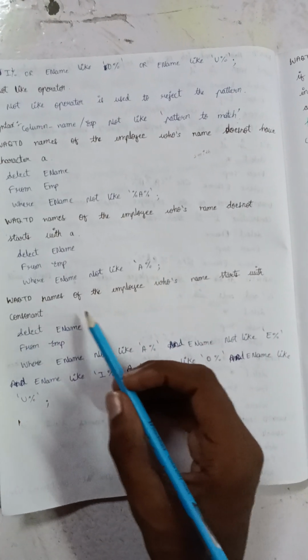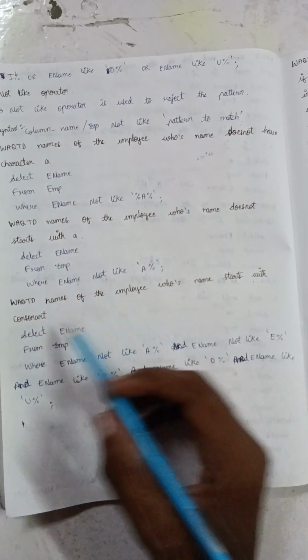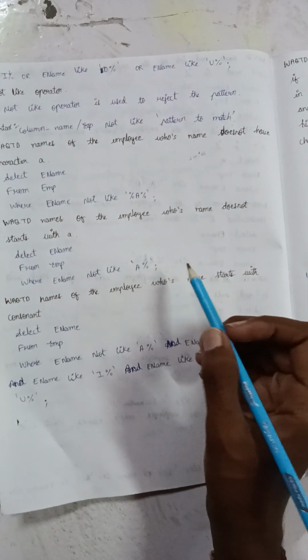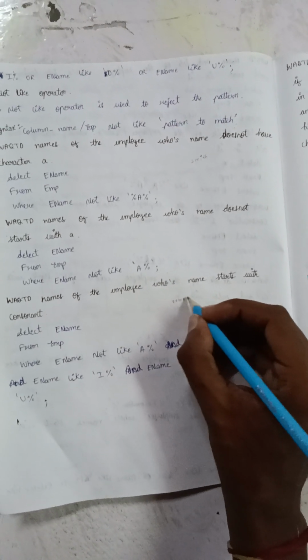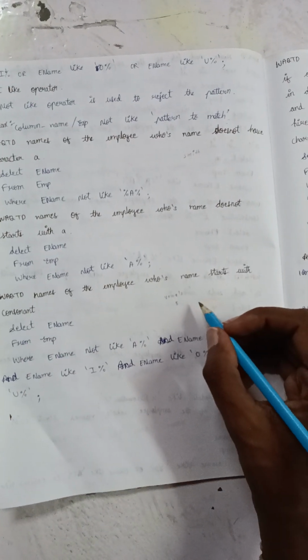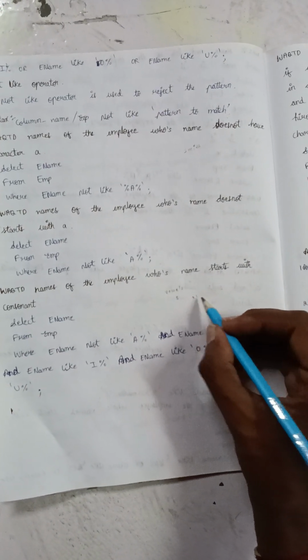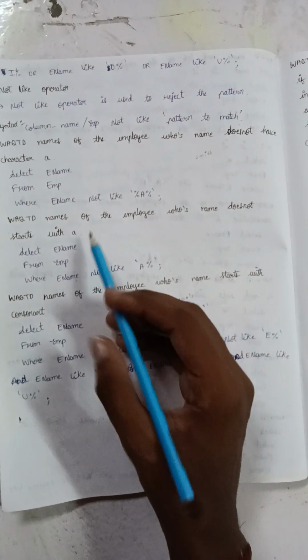Write a query to display names of the employees whose name starts with a consonant. Vowels are A, E, I, O, U. They are 5, but consonants are more, 21, so we can't write all of them. So we use the NOT LIKE operator.